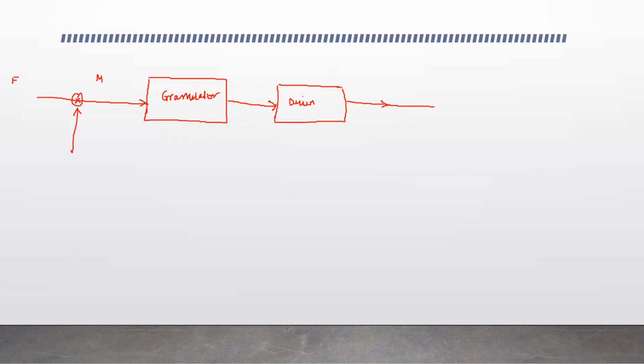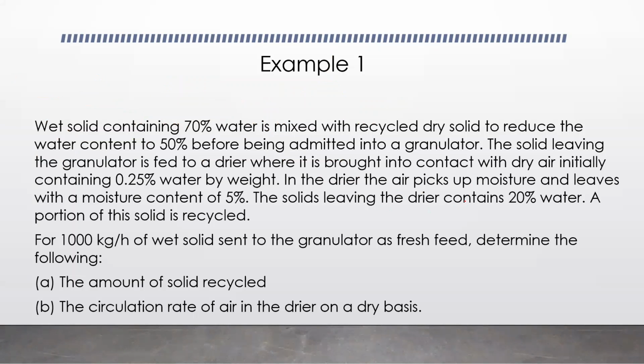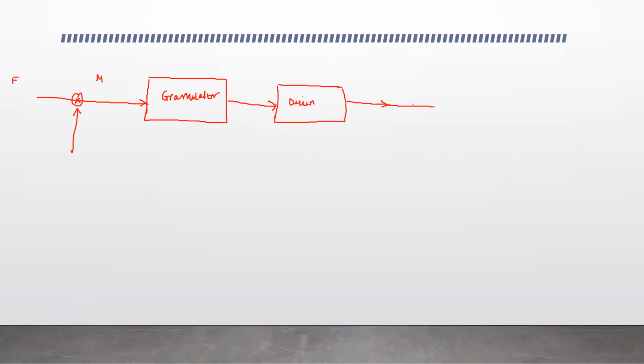And then they are saying that a portion of this solid is recycled. So we've taken a portion of this solid itself and we are recycling it. And from here, we obviously have the product.